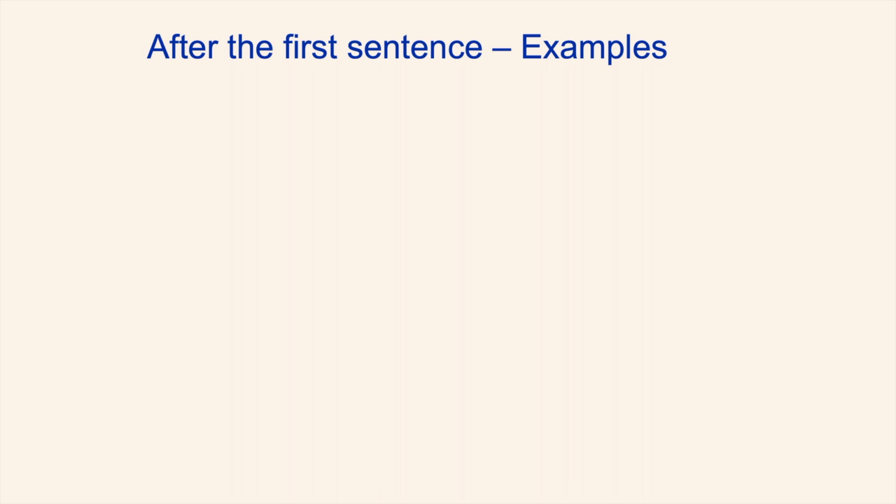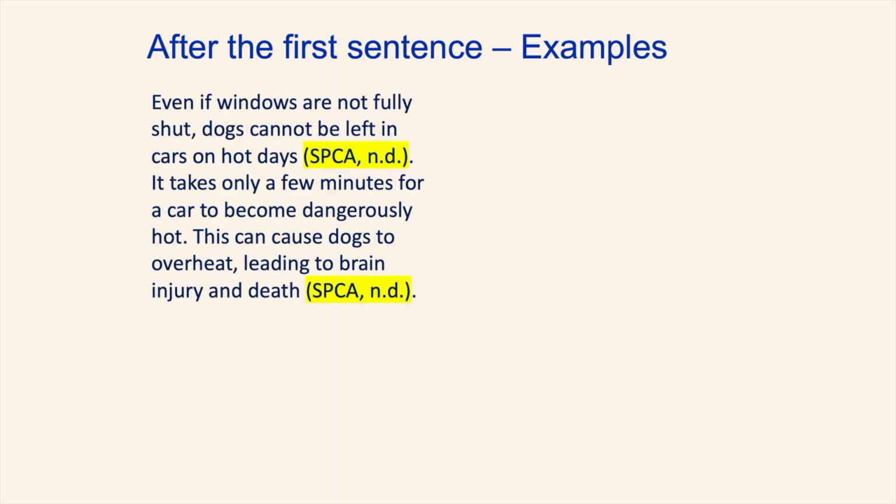If you're using the same source in several sentences in a row, you need to either recite the source or show in your wording that you are still using the same source. Read this example and notice the repeated citation.